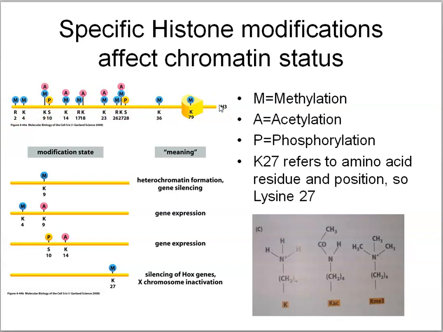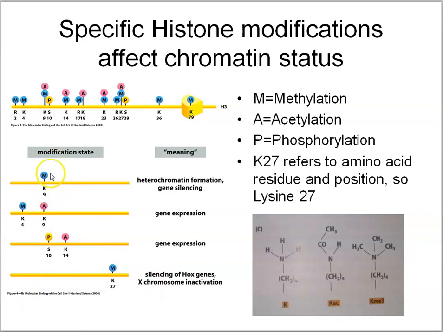And there are some really important ones to point out, which is K, which is lysine. So lysine 9 can be methylated or acetylated. Lysine 14 can be methylated or acetylated. Lysine 27 can be methylated or acetylated. And lysine 36 can be methylated, as can lysine 4.